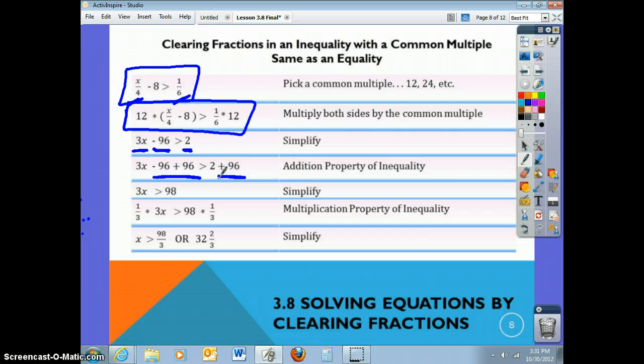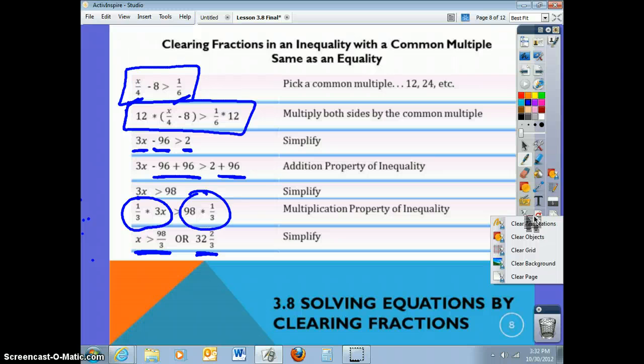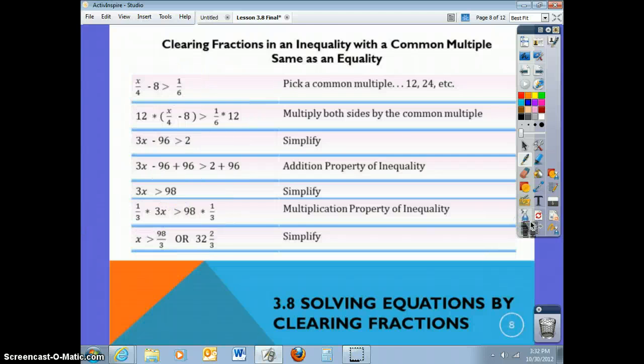We divide both sides by 3, or multiply both sides by the reciprocal of 3, which is 1/3. And we get x is greater than 98 over 3, which is the same thing as 32 and 2/3. Now, since we did not have a negative a that time, we did not flip the inequality symbol.